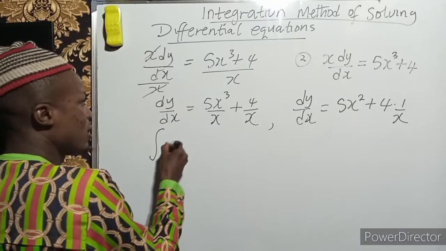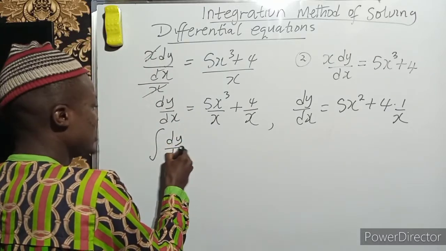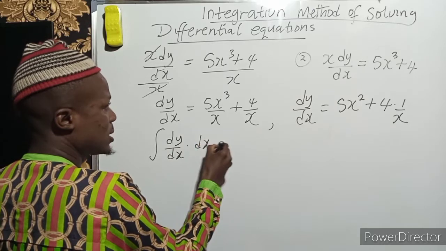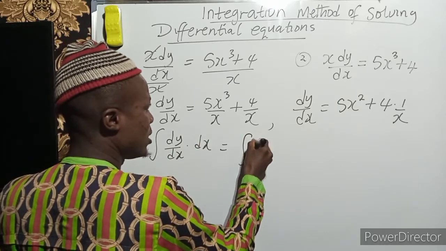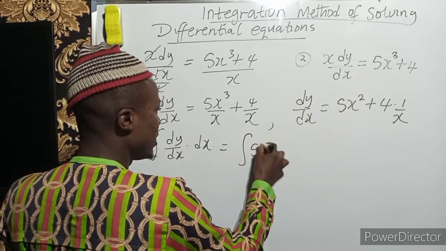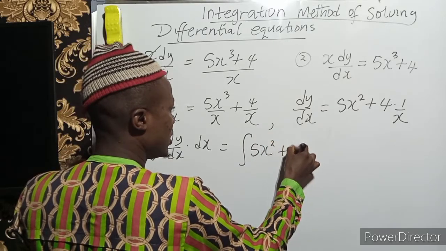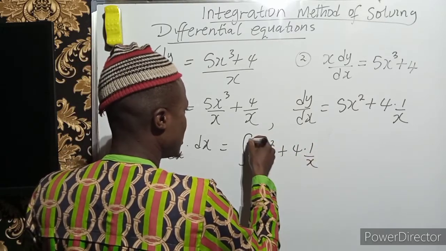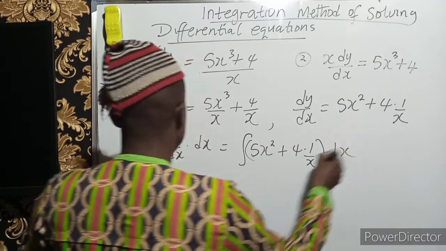So I'll have integral of dy over dx with respect to x is equivalent to integral of 5x squared plus 4 times 1 over x with respect to x.